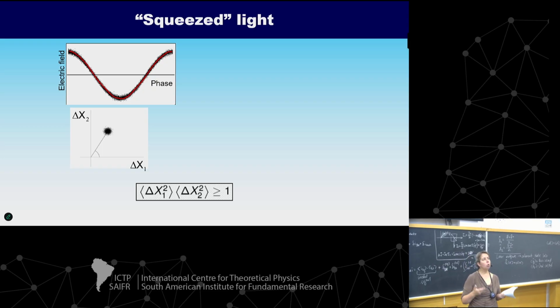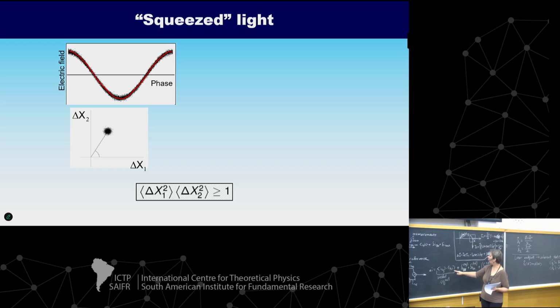Now, let's say you know what kind of measurements you want to do. Suppose you're doing intensity measurements, just like here. On the output, you really want to know what the amplitude difference of your signal is. That means you would love to reduce the uncertainty in your intensity quadrature.